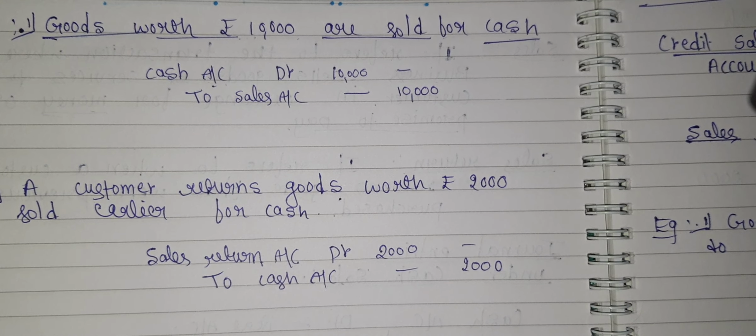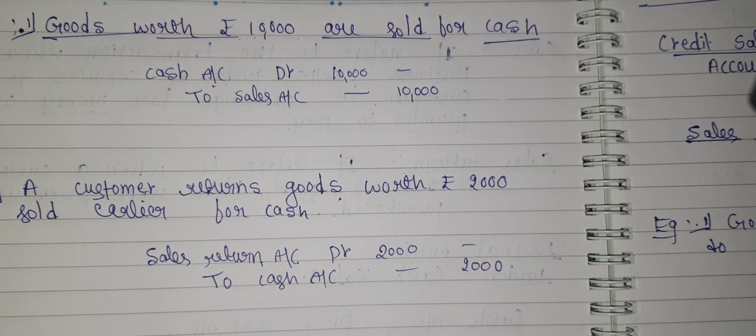The rule is debit all expenses and losses. So sales return account debtor to cash account. Cash account falls under real account, and the rule is credit what goes out. Here we need to refund rupees 2,000 to the customer, so cash is refunded to the customer.